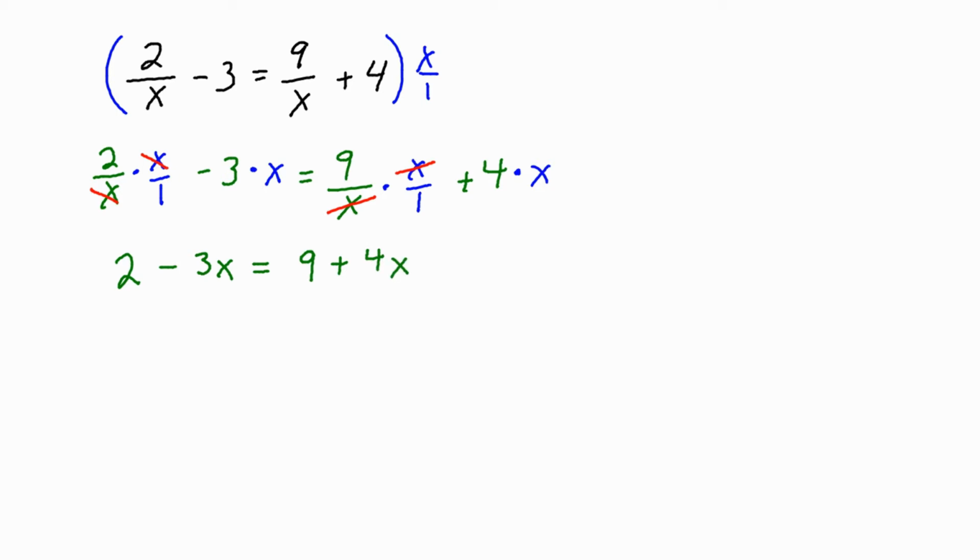Now I have an equation without fractions. 2 minus 3x equals 9 plus 4x.